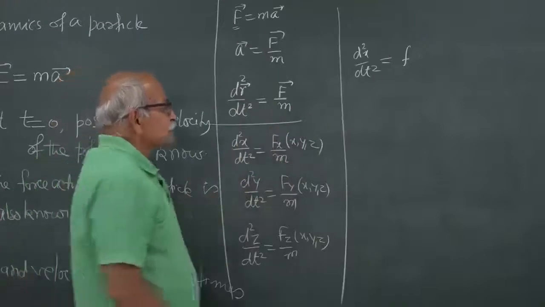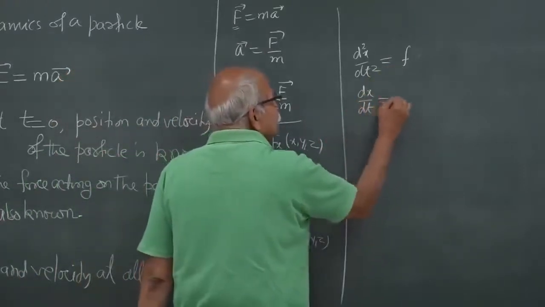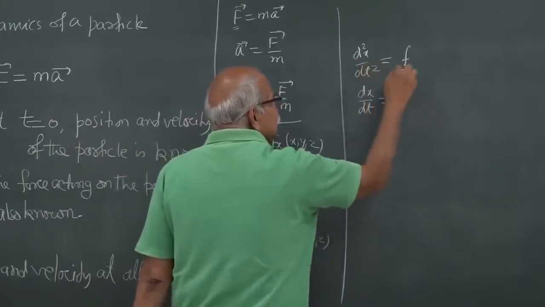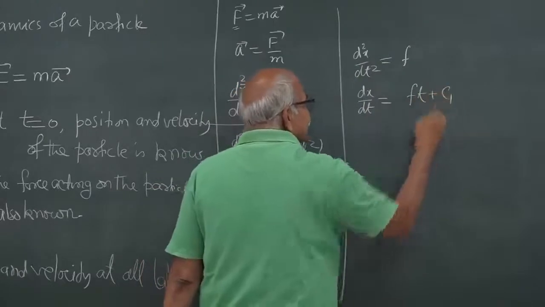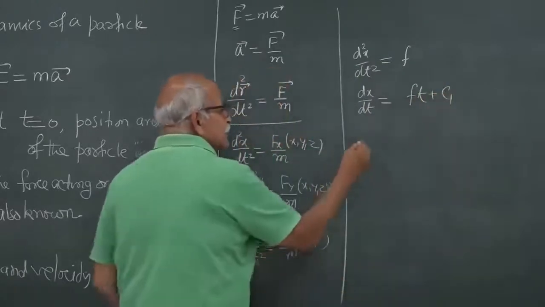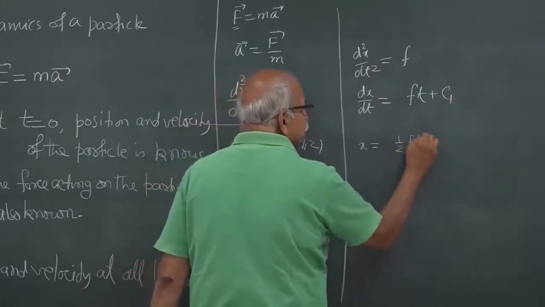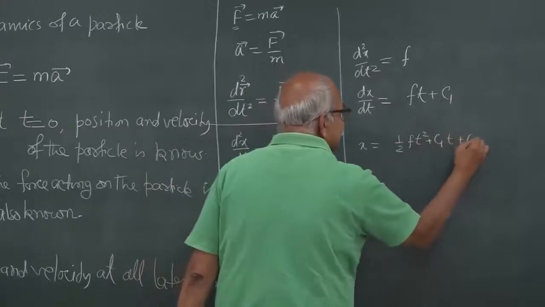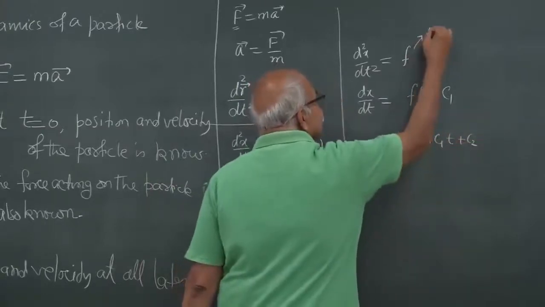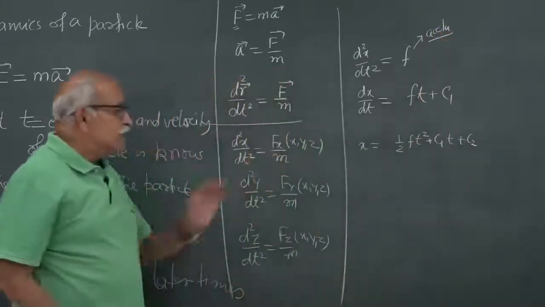So, that is this, and then you can always integrate it. dx/dt is equal to, this is one integration, F into t plus some constant c1, and then integrating again, x is equal to half F t square plus c1 t plus c2, and this is the acceleration which is constant, which is known because it is F divided by m.